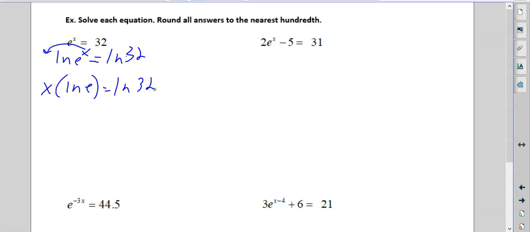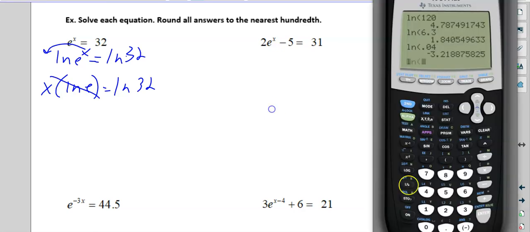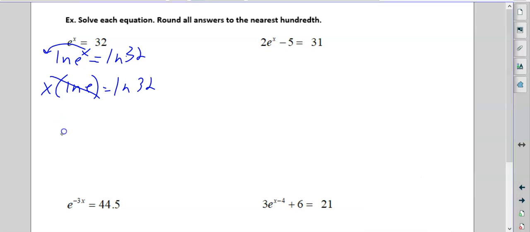Anytime you have ln e like this, it's just 1, so it's gone. That's the same as 1x. So all we have to do is type in ln 32, and we're finished. And again, we're back to the hundredths. So 3.465, the 5 tells the 6 to round up, so that's 3.47.